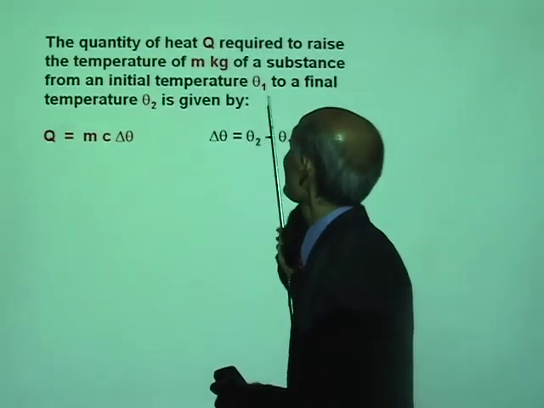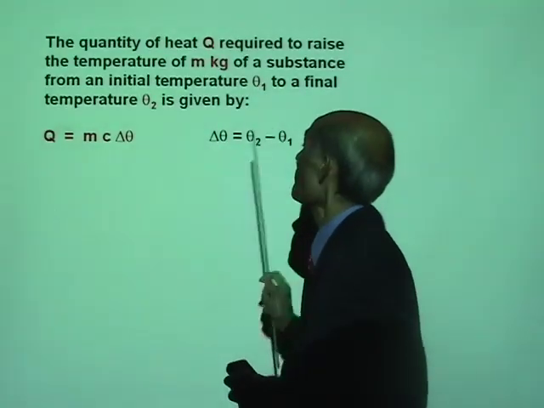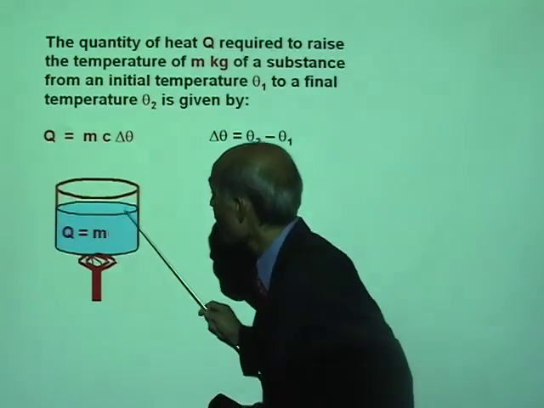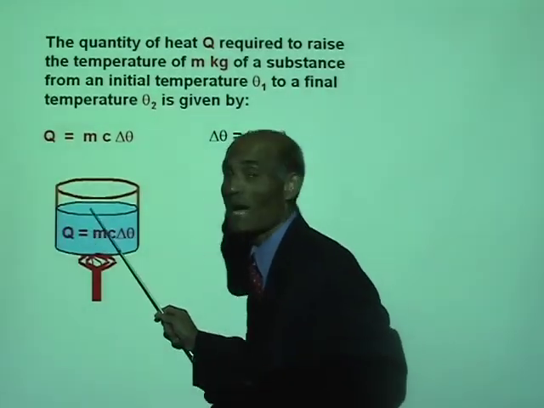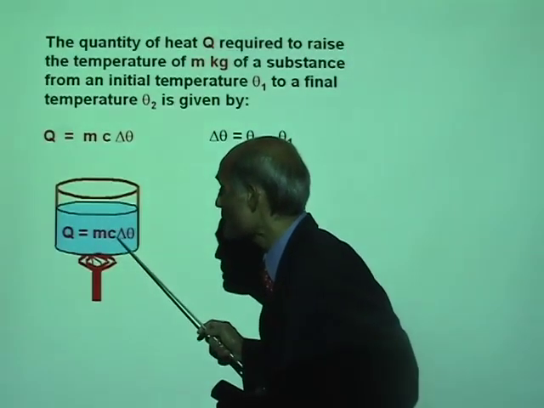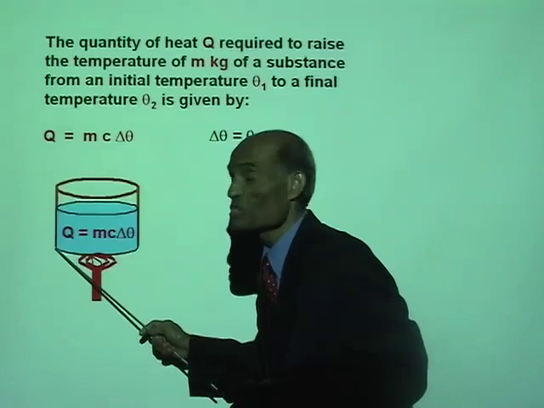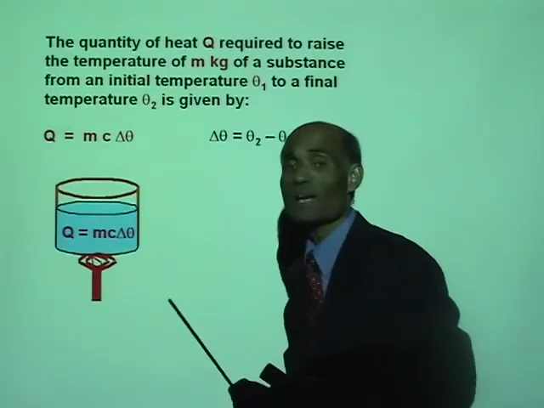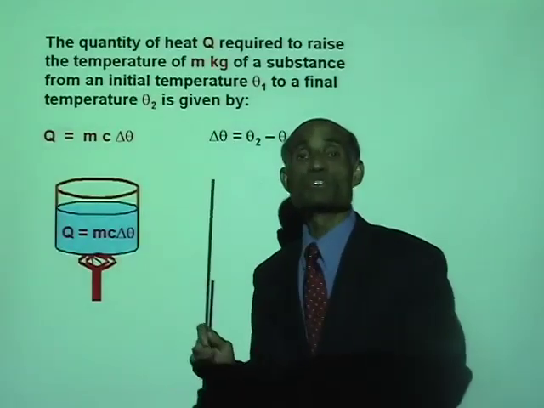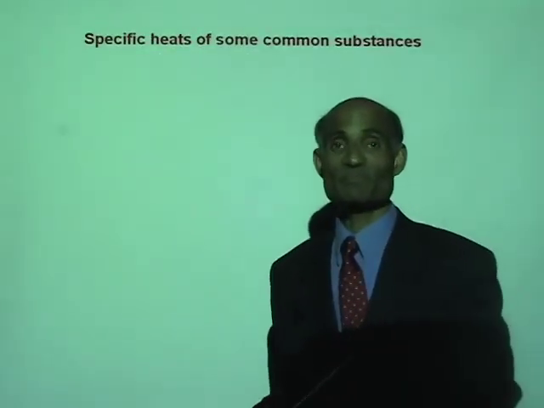So delta theta is theta 2 minus theta 1. If I have a quantity of water m kilogram, in order to change its temperature by delta theta, the quantity of heat I need to supply is mass times specific heat times change in temperature.